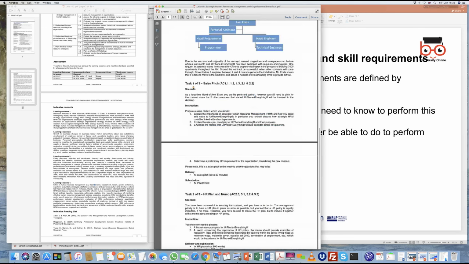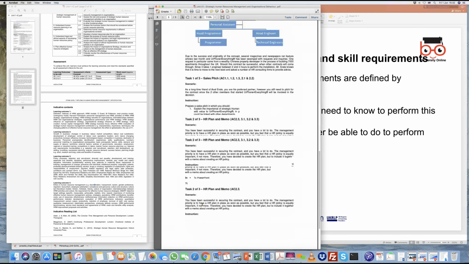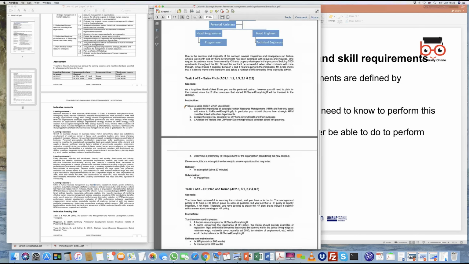Tasks 1, 2, and 3 will become part of your assignment. What I would suggest is, after you've gone through these slides, we look at how you will address these tasks. Maybe you start putting a draft together. Task 1 requires you to do a PowerPoint presentation covering these tasks.